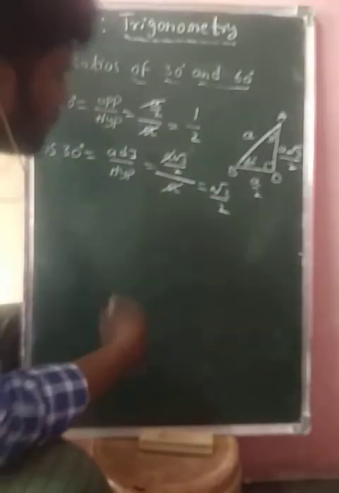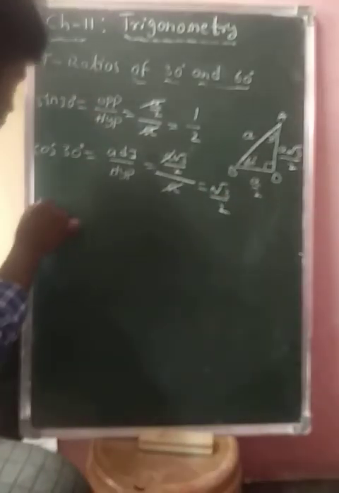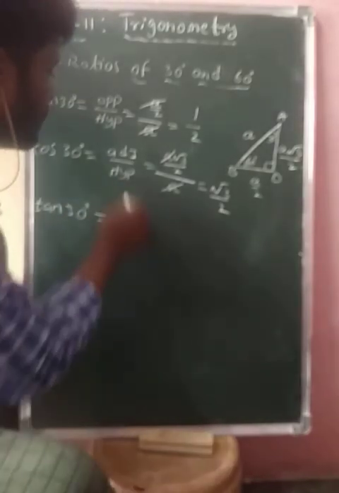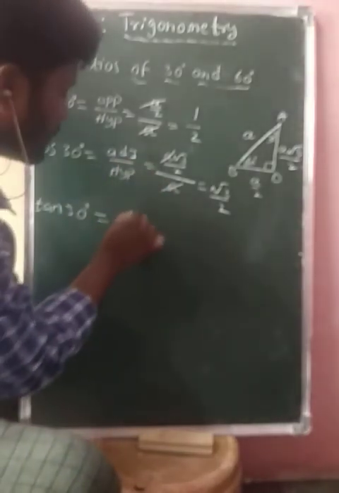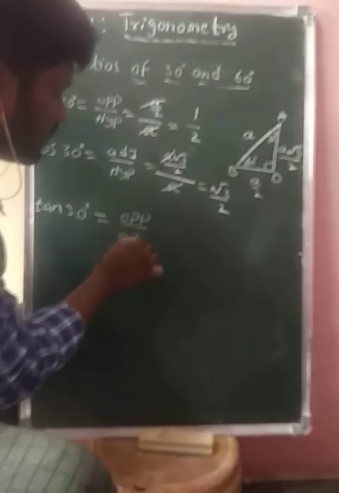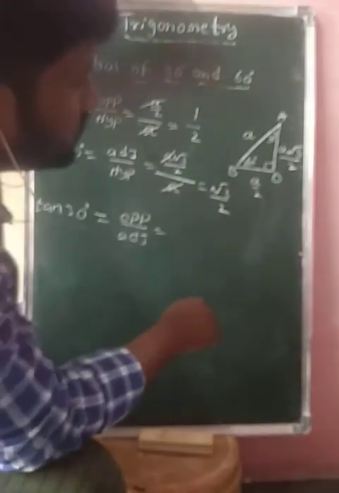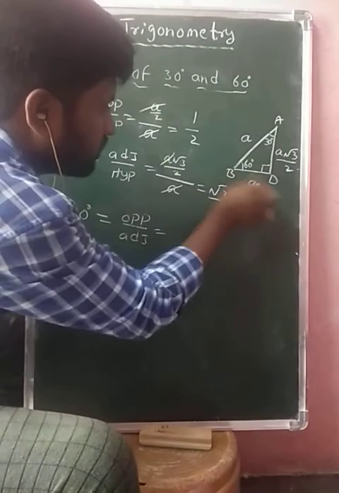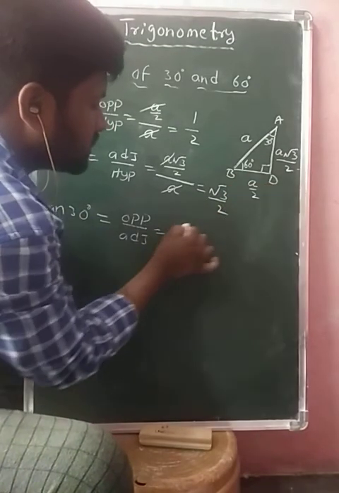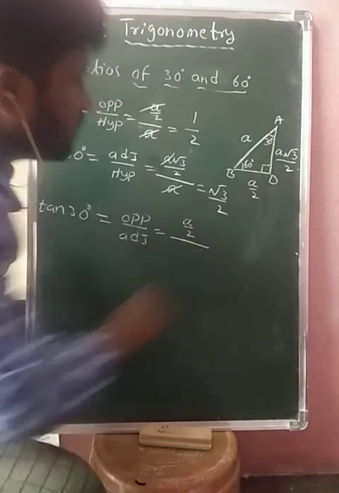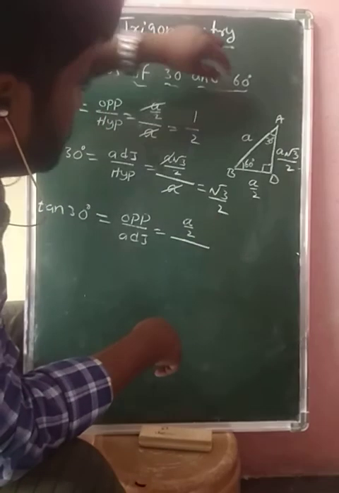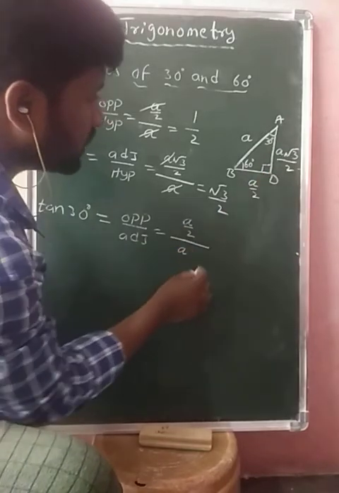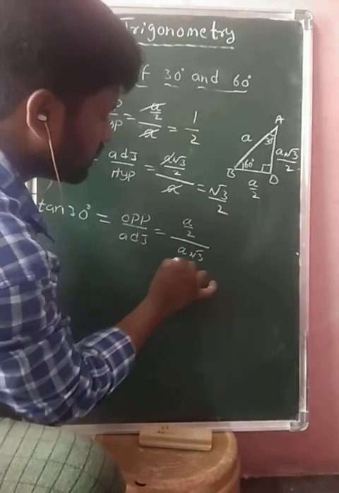Okay. In the same manner, tan 30 degrees. Tan 30 degrees is equal to the length of the opposite side by the length of the adjacent side. The opposite side to 30 degrees is BD, that is A by 2, by the length of the adjacent side AD, that is A root 3 by 2.